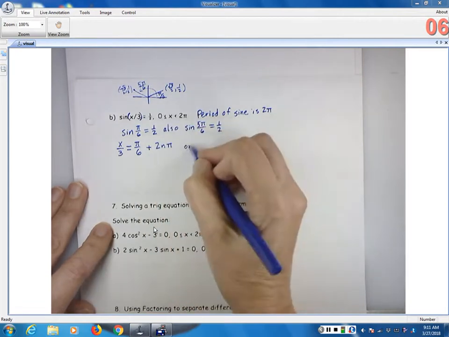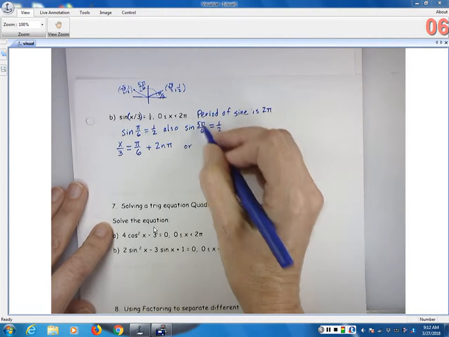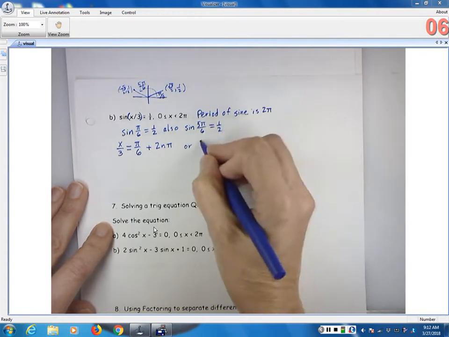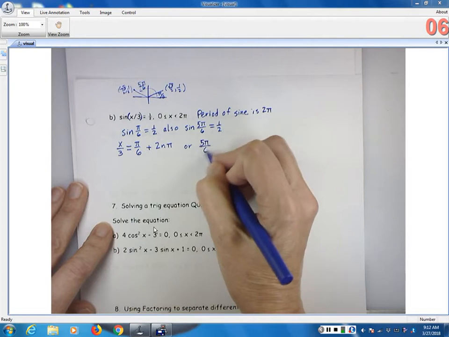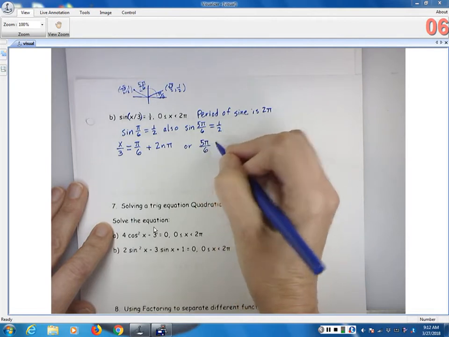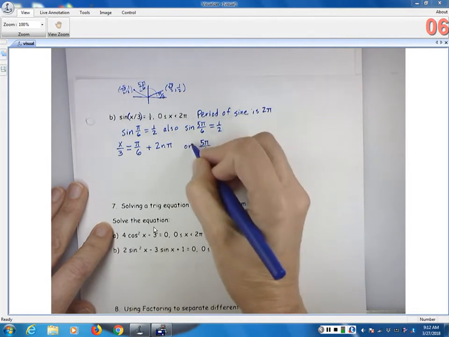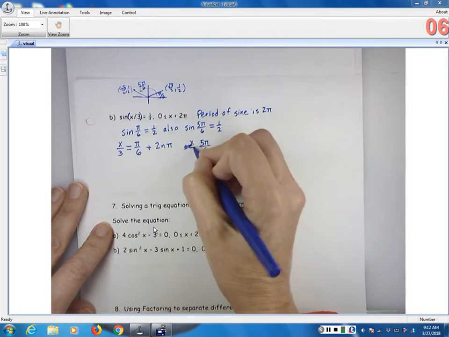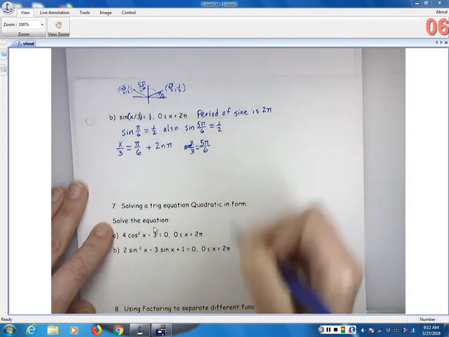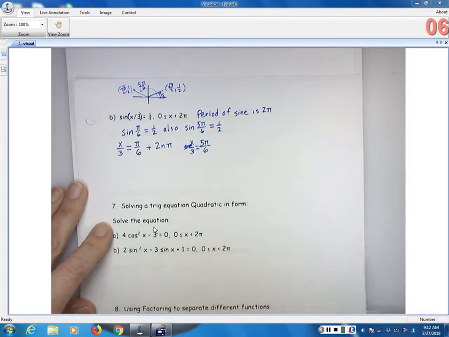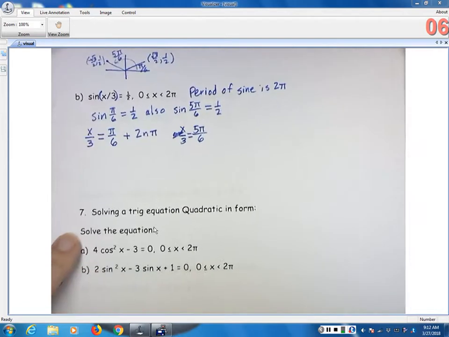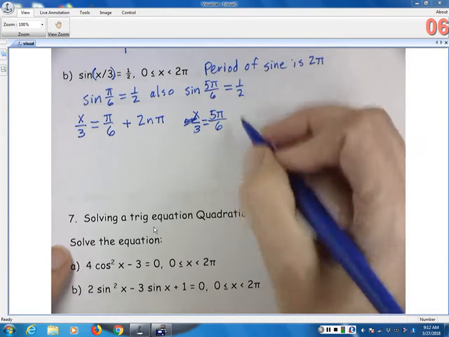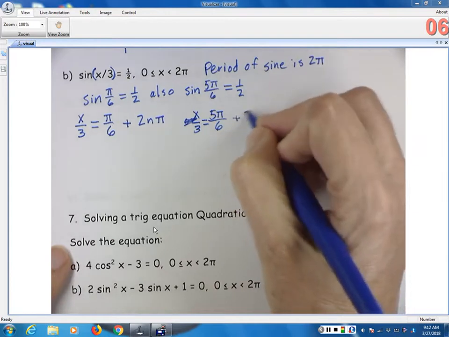Because sine of 5 pi over 6 is also a half, we do 5 pi over 6. Oh, x over 3. Sorry. x over 3 equals 5 pi over 6 plus 2n pi.